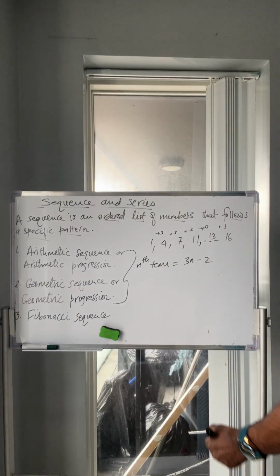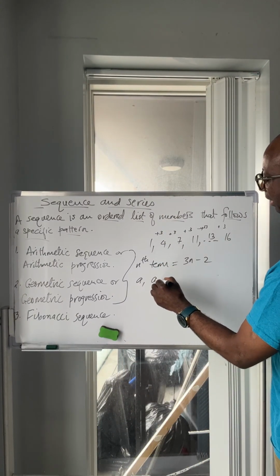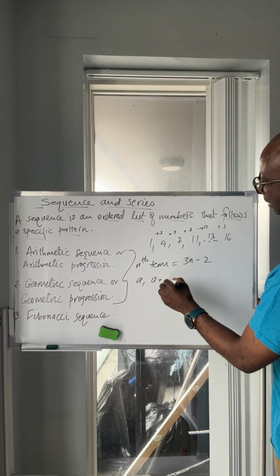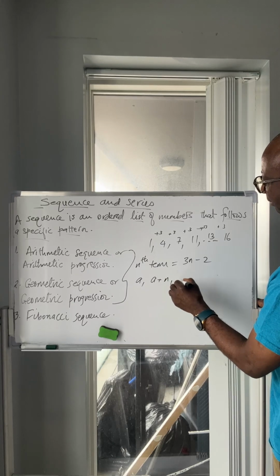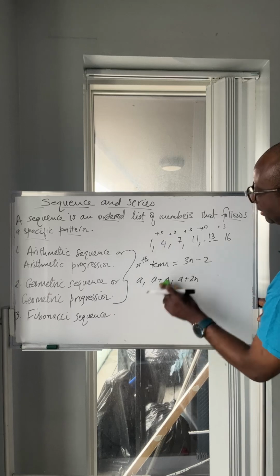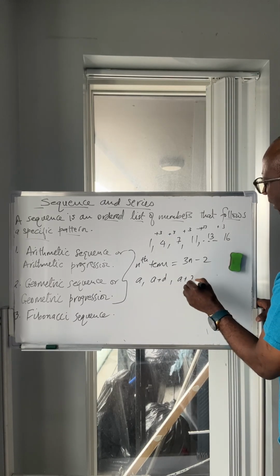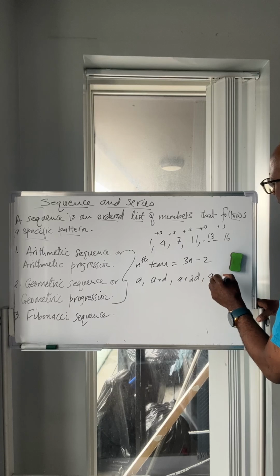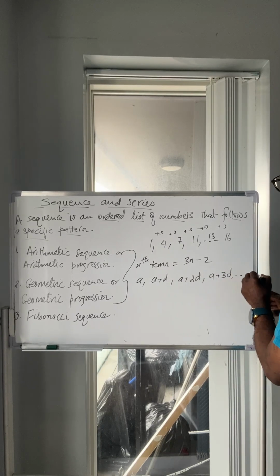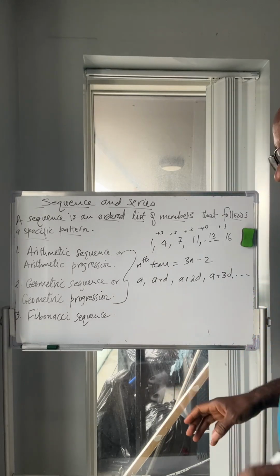Suppose we are given numbers like a, a plus d, a plus 2d, a plus 3d, and so on. I say d so that we don't confuse it with the nth term. Suppose we are given a sequence like this.